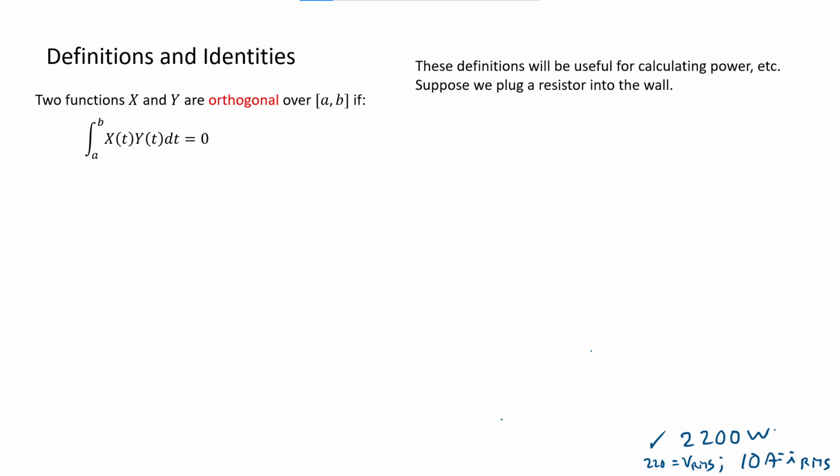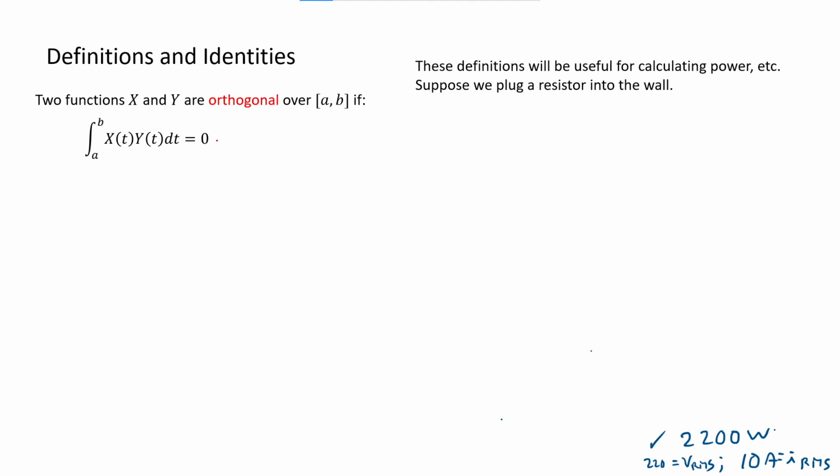But first, you need to know some key properties. This one: orthogonality. Orthogonality means x and y are orthogonal if the integral from a to b of x times y is 0.